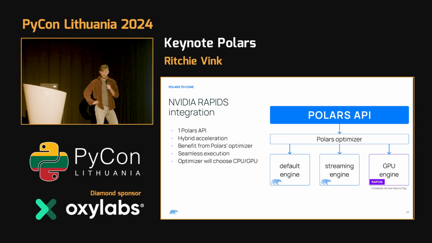NVIDIA engineers will help implement this. And I think for data sets that fit into GPUs, up to a certain data set size, this will allow you to have even greater performance, right? The benefit is you will still benefit from the Polars optimizer. The better we make the optimizer, the better the GPU engine will be as well.